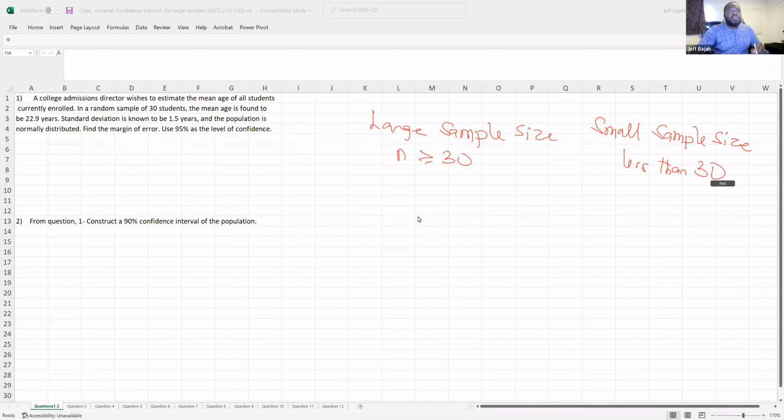Now, the way we solve questions involving these two are different, and I'm going to walk you through the step and show you how different they are. When we are solving questions involving large sample sizes, we tend to use what we call z-test. When we have small sample, we use what we call t-test.